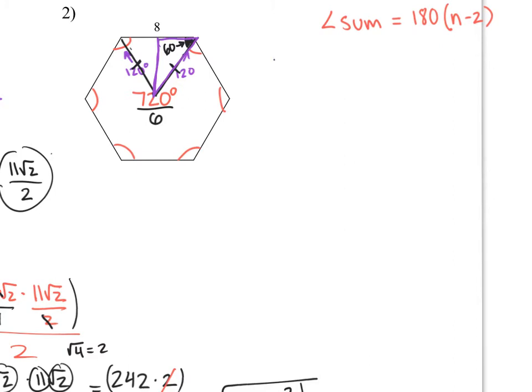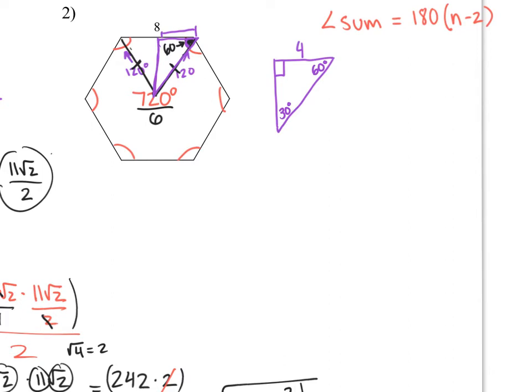Let's take that purple right triangle out of the picture to make it a little bit easier to work with. Again, this length here is not the entire 8 base, it's only half of that, which would be 4. This angle here represents this angle here, which is 60 degrees. So if you notice, we must have a 30, 60, 90 degree right triangle.